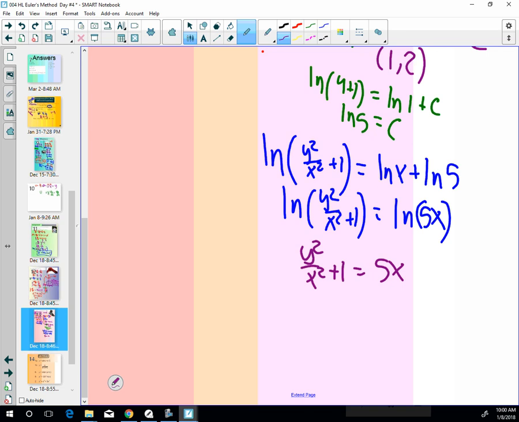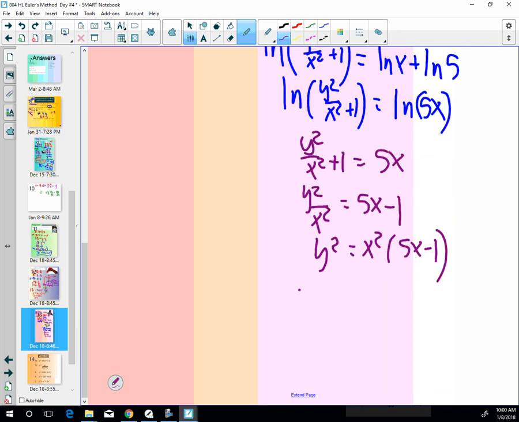If there was anything out here, no, but so then I'm going to get y squared over x squared equals 5x minus 1. I get y squared is equal to x squared times 5x minus 1. y squared equals 5x cubed minus x squared.